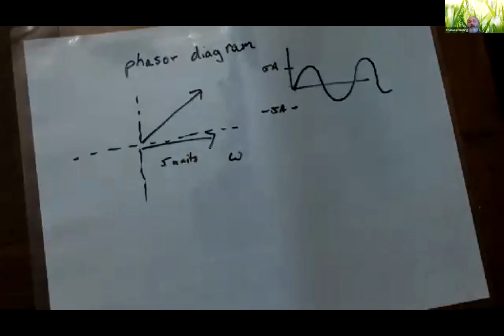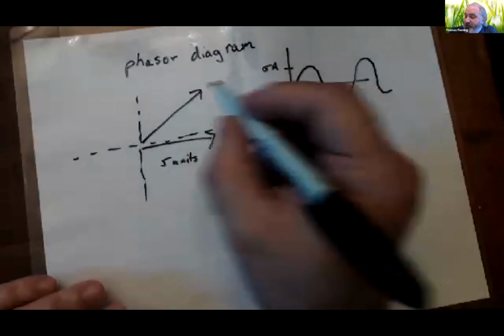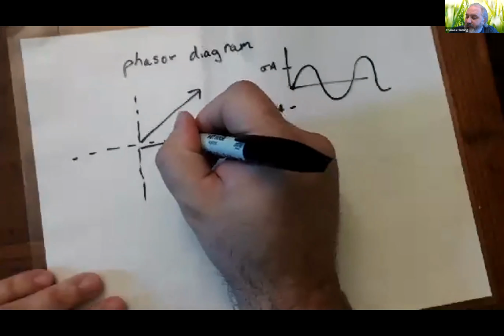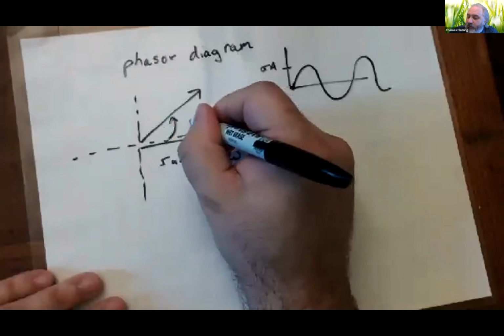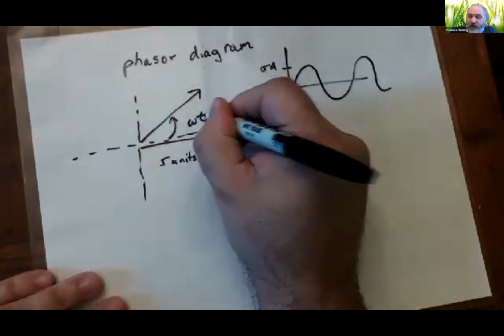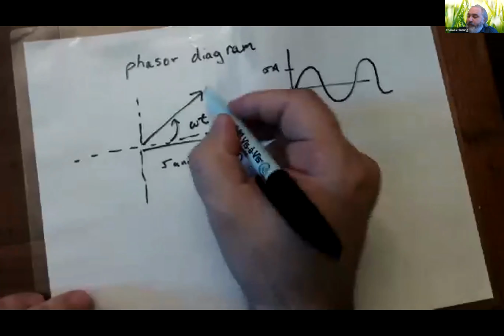Remember, we used that same symbol omega for the angular velocity back in chapter 10 last semester. And so it makes sense, because it's going to rotate through some angle, and that angle is going to be omega times however much time has elapsed. So it's spinning at a constant rate.